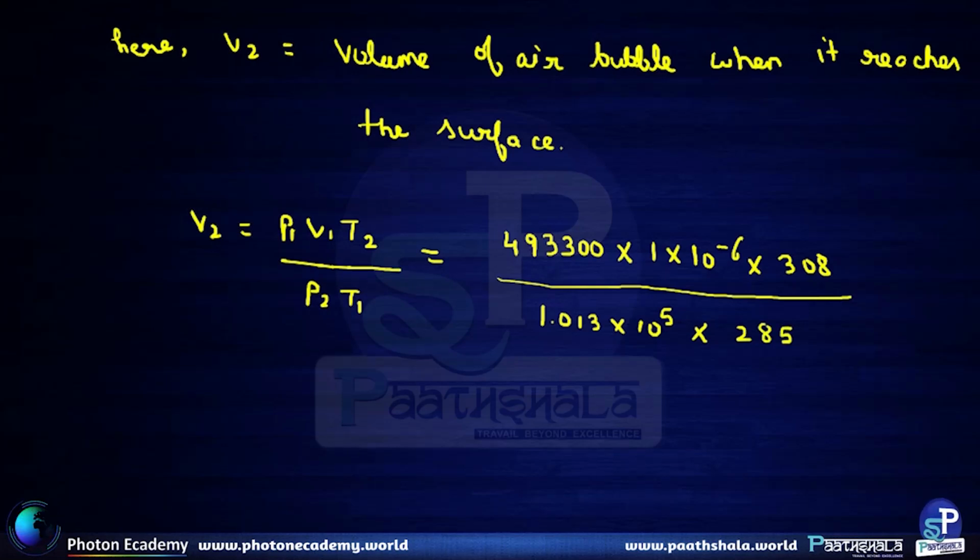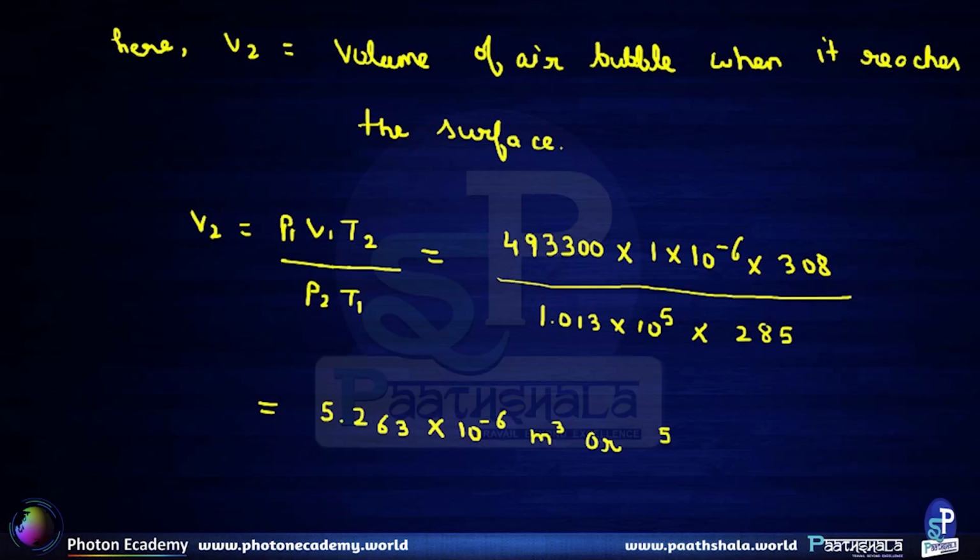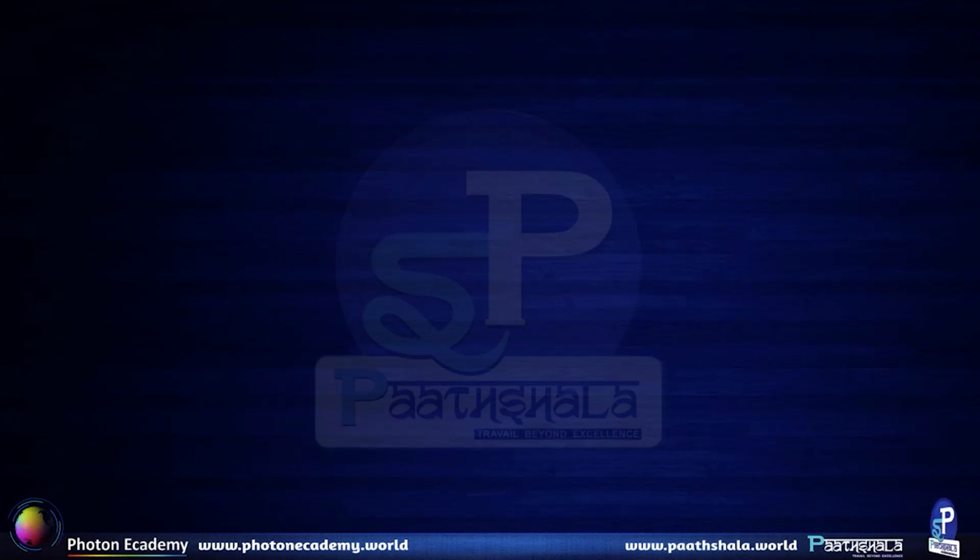We will calculate, and the value is equal to 5.263 × 10^-6 meter cube, or you can write it as 5.263 centimeter cube, because 1 centimeter cube is equal to 1 × 10^-6 meter cube.